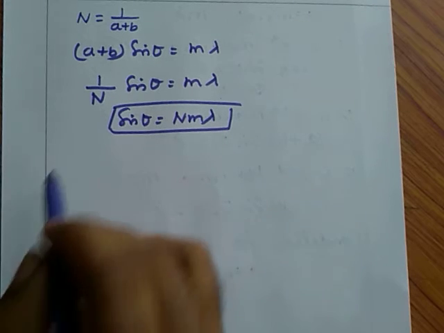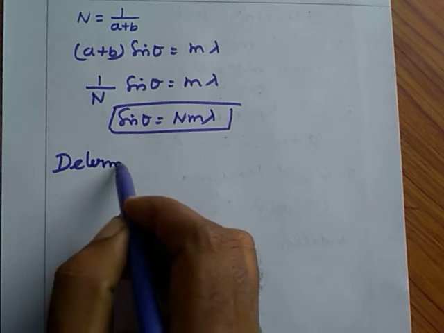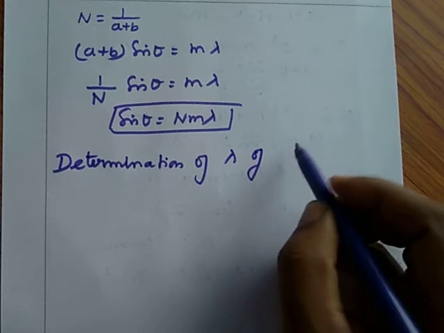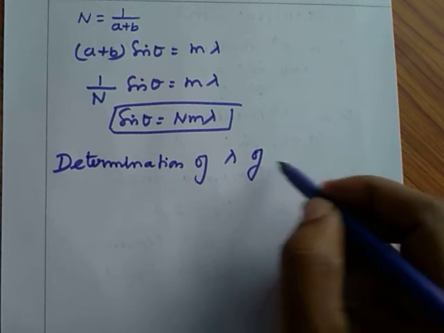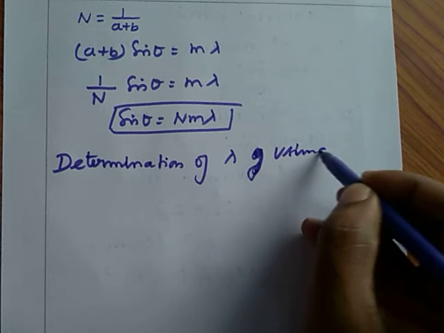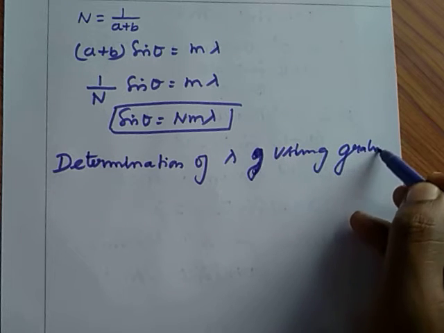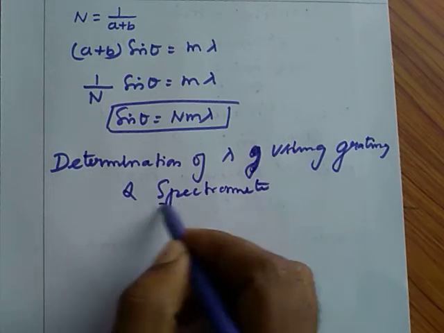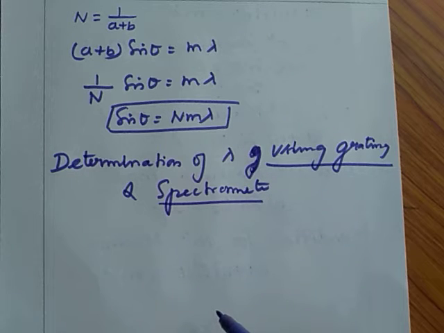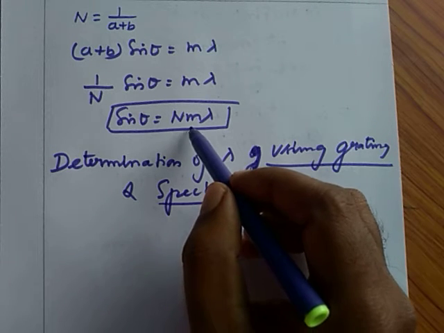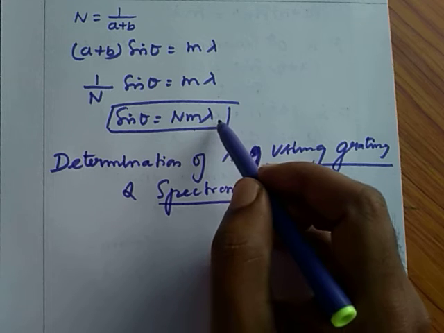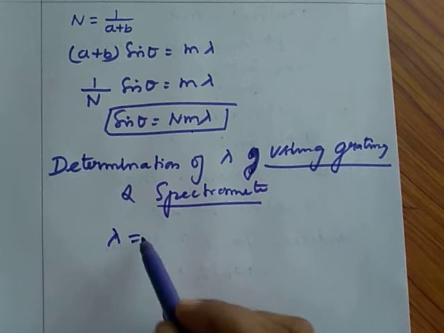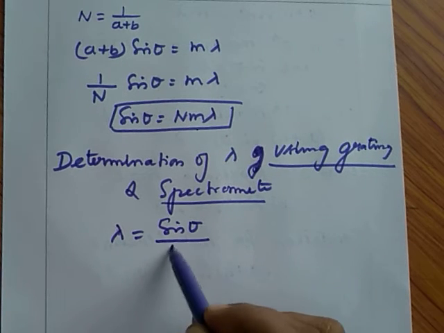Our next topic is an experiment to determine the wavelength of monochromatic light, determination of wavelength using a grating and spectrometer. By using this relation we can easily find the wavelength: lambda is equal to sin theta by n into m.